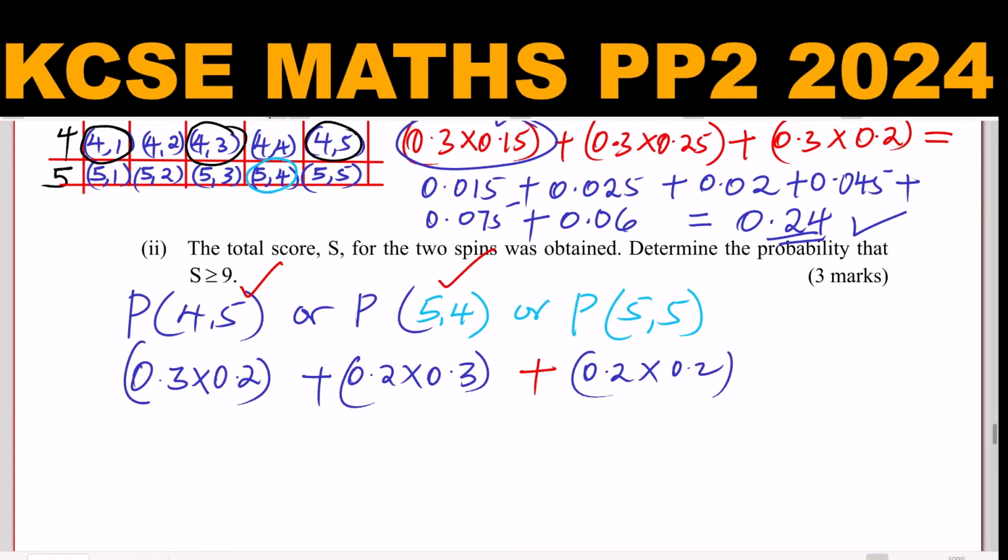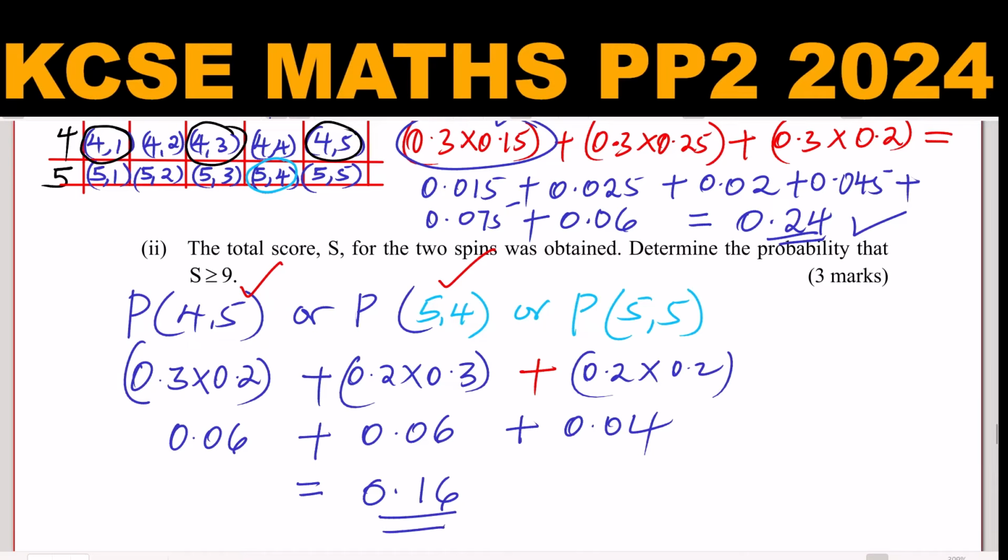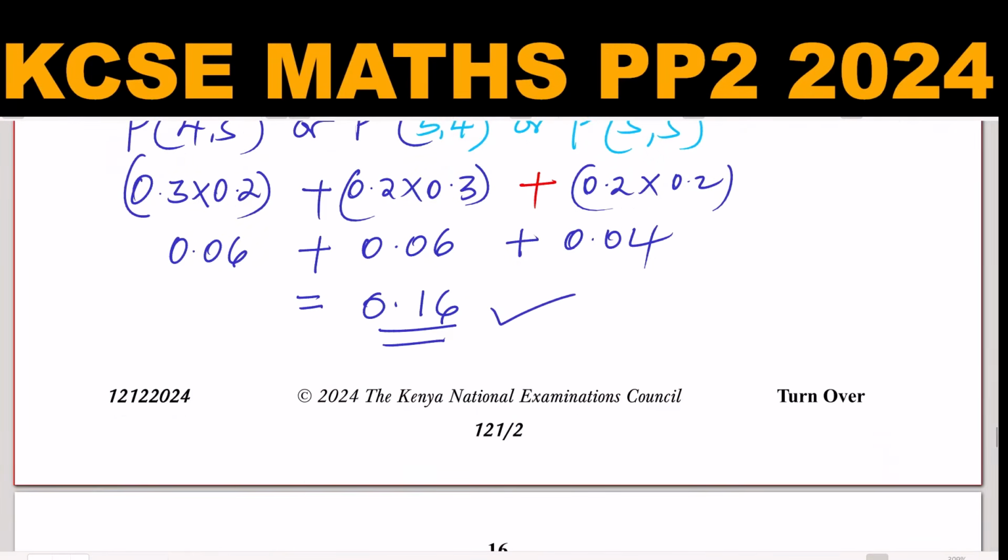Now we can add these: 0.06 plus 0.06 plus 0.04. When you add these, you get 0.16. That is how you're supposed to solve that question.